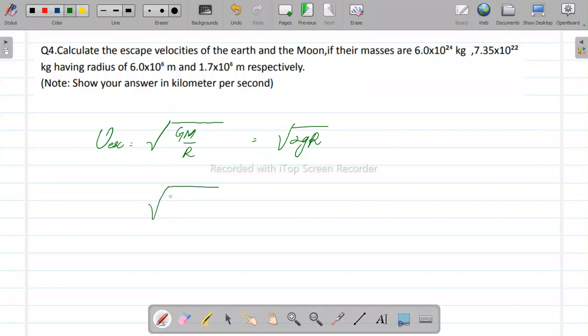For this case, we have 6.67 exponent minus 11, mass of Earth is 6 exponent 24, and the radius of Earth is mentioned to be 6 exponent 6 meters. You'll know the escape velocity in the case of Earth, and if they ask for the Moon, then this g will remain constant because it is a constant, right? Place the mass of the moon and the radius of the moon as well.